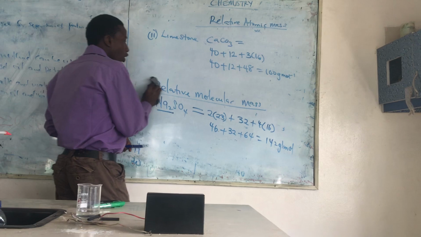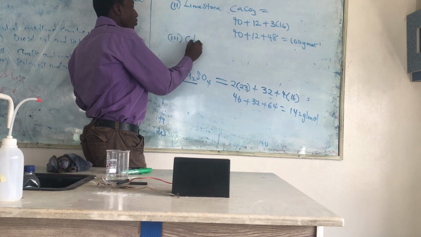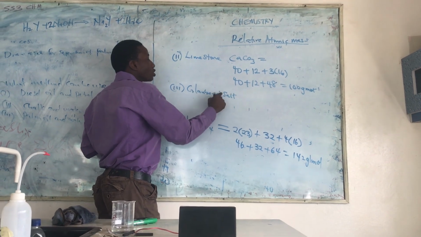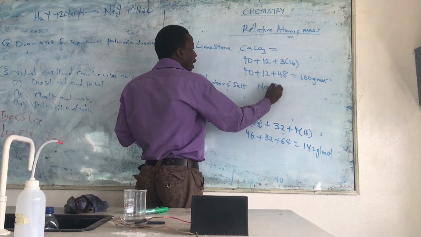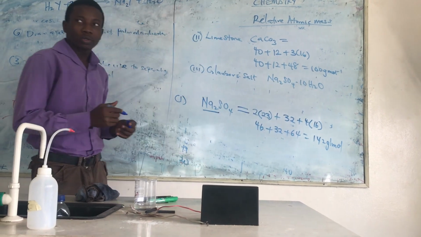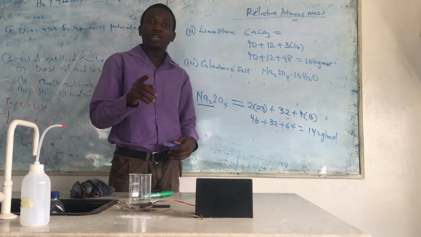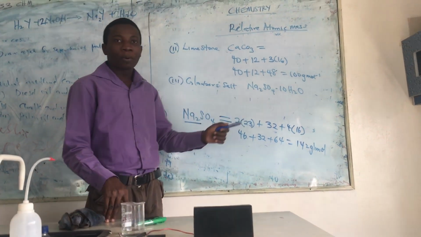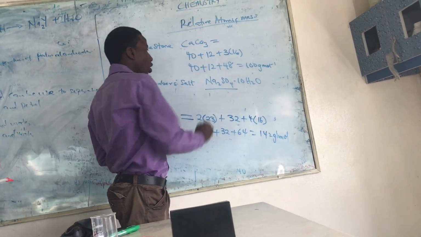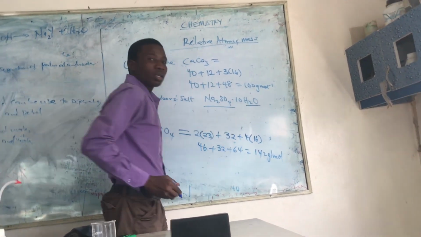Let's check for Glauber's salt. The formula for Glauber's salt is Na2SO4.10H2O. I don't think I explained the 10H2O in the other class where I explained how to name compounds, so let me tell you. Whenever I see H2O in the compound, they call it hydrate.